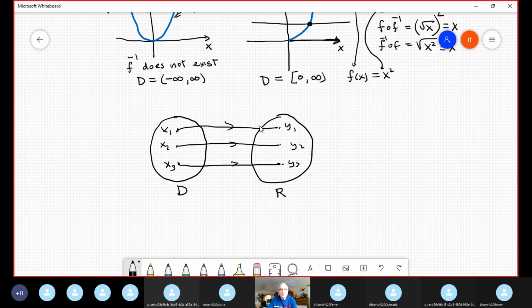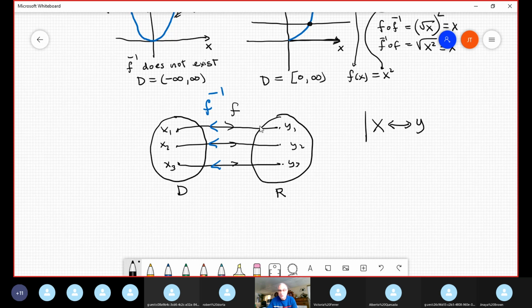This is f. You know also that in the opposite direction is the inverse function. Basically, the thing we are doing is interchanging x and y.